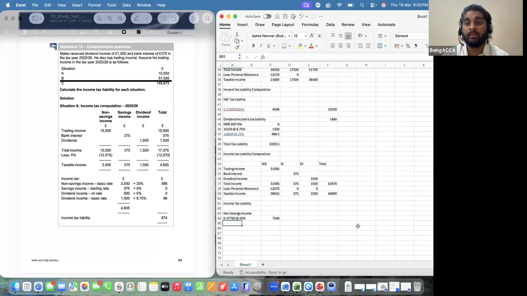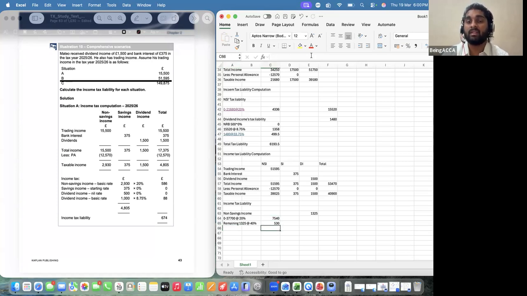So how much would that be? Remaining, in rough work, is 39,025 minus 37,700, which is 1,325. The remaining 1,325 would be at 40%, so 1,325 into 40% gives 530. The total is 7,540 plus 530.